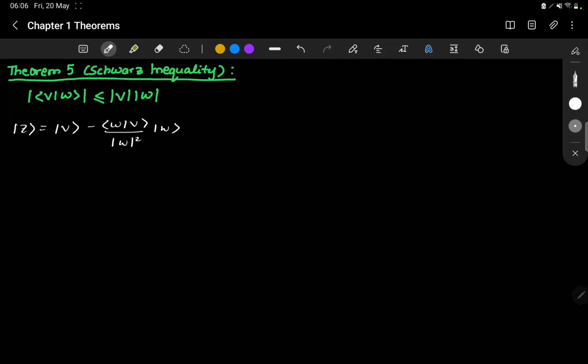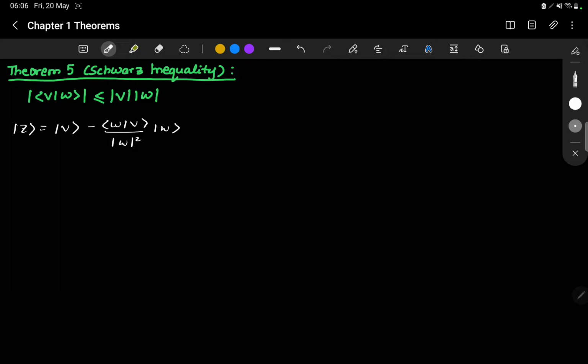So what do we have over here? We have taken the vector v and subtracted some coefficient times w. So this coefficient over here is basically the inner product of w and v scaled by the magnitude squared of w. So this is how we construct z.